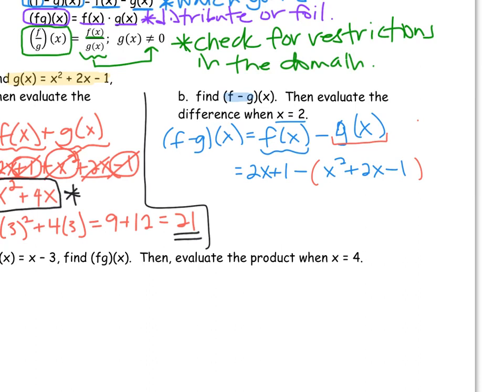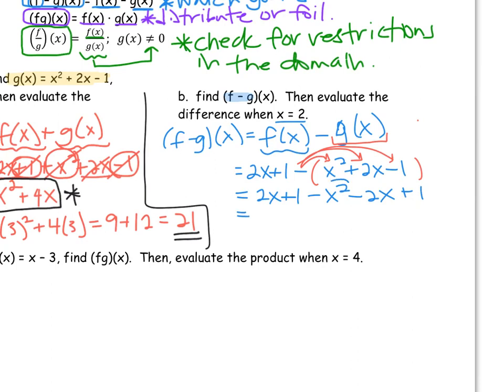But remember, we're subtracting that. So we need to distribute the negative into all three of those parts. That would give us 2x plus 1 minus x squared minus 2x and then plus 1. Do you see how all the signs changed? Now let's combine like terms.